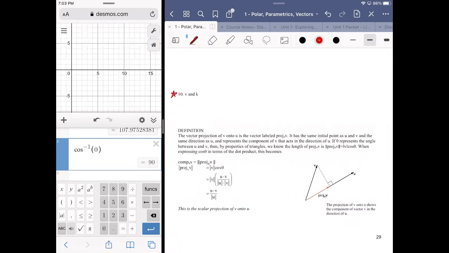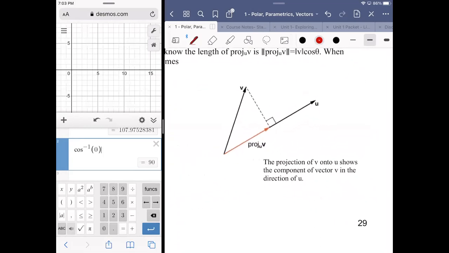How much of the magnitude of one vector is acting in the direction of another. So here, we'll just take a look at the picture. We have two vectors, vector v and vector u. Vector u is that whole shebang at the bottom, overlaid with the projection of v upon u.